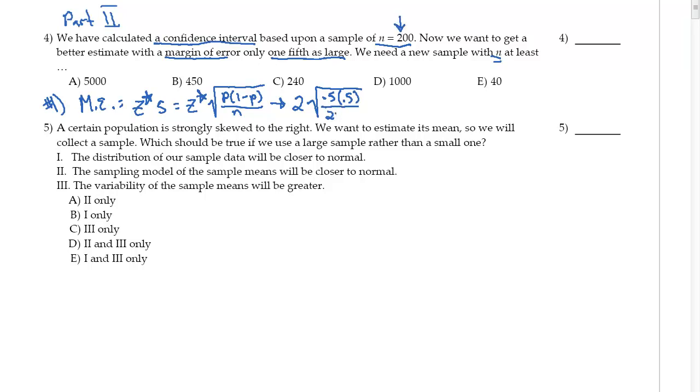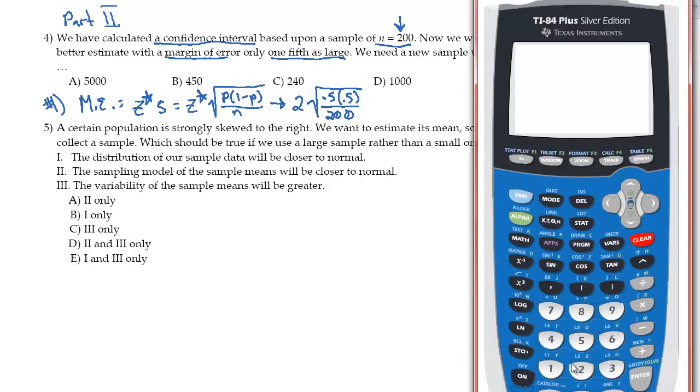Taking 2 times the square root of 0.5 times 0.5, divided by 200, I'm going to get 0.071.